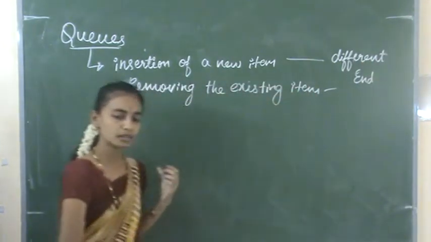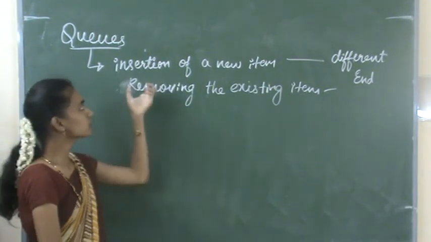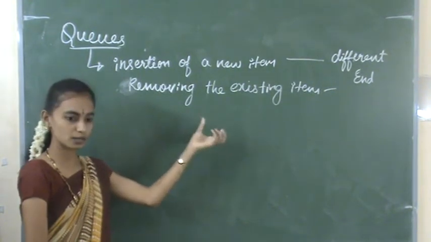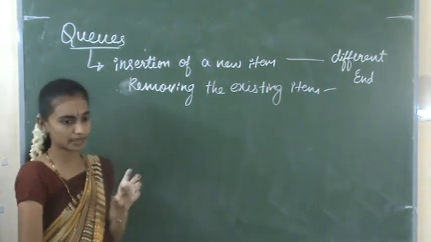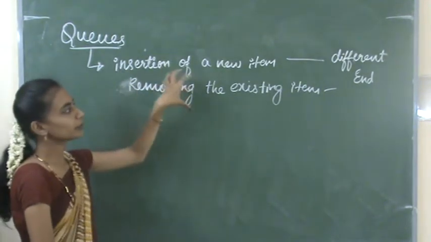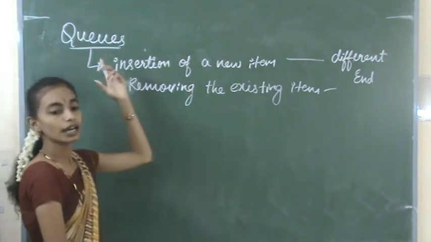Stack is a collection of data in which inserting a new element and deleting the existing element takes place at the same end. But in queues it takes place at different ends, so we call it a queue.